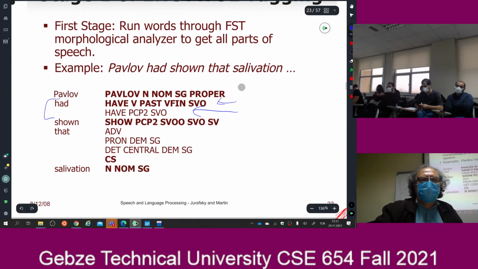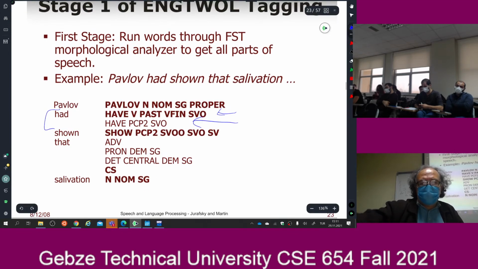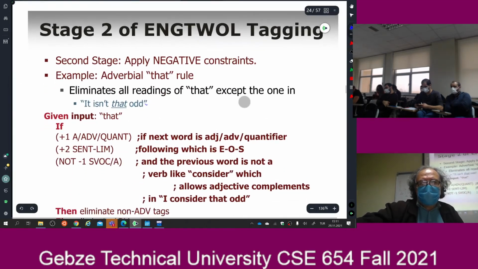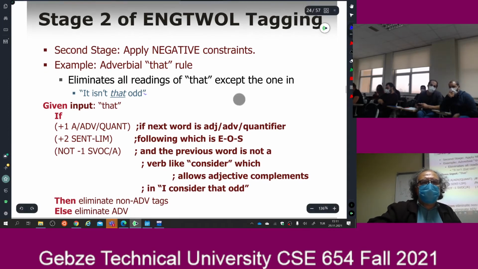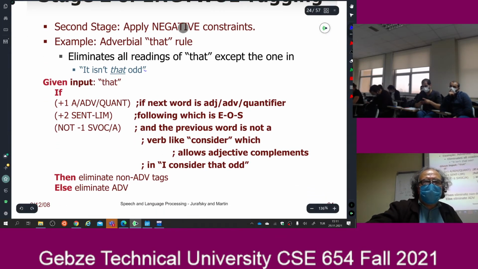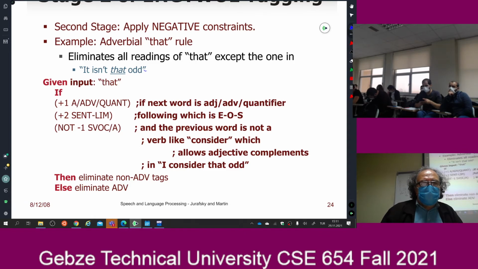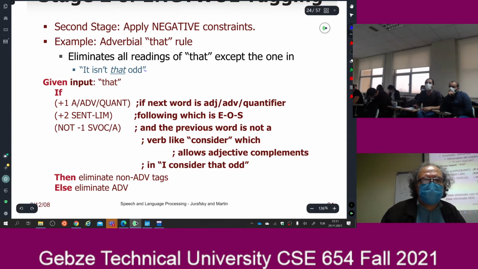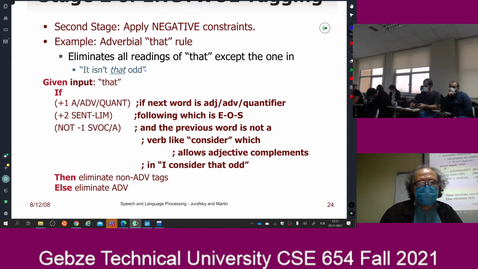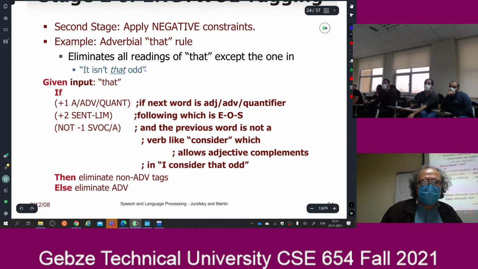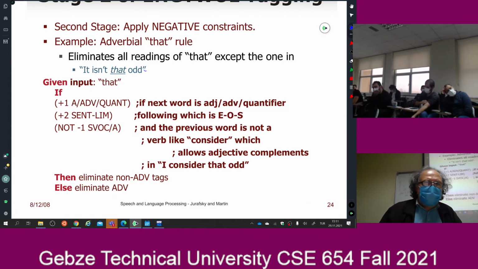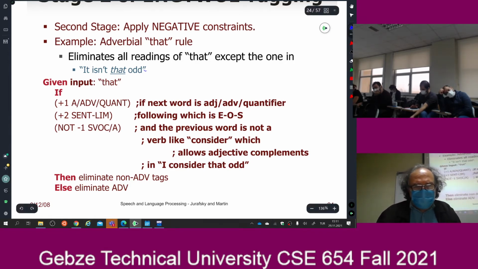So these are all given by the morphological analyzer, and then after that we keep running all those rules. Apply negative constraints. For example, the adverbial "that" rule says this: it eliminates all readings of "that" except the one in "it isn't that odd." That in this case is not a pronoun or preposition or that kind of thing, it is the adverb "that". What does it look like? It looks like you know Lisp, right?